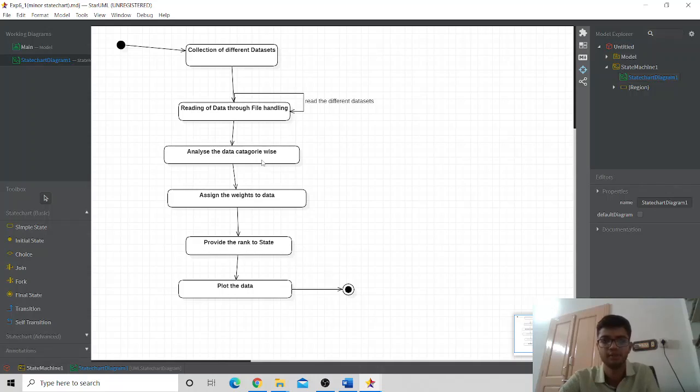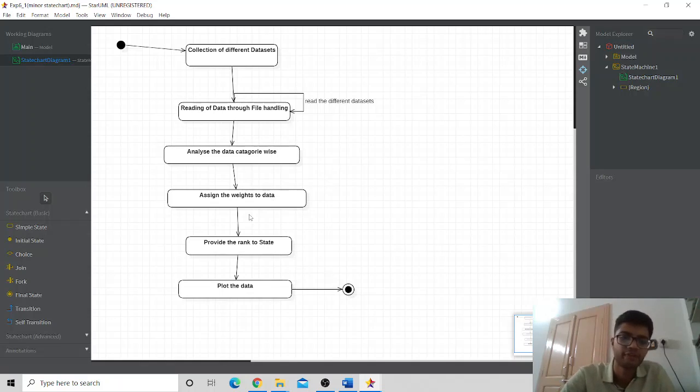Means the corruption category is different, the crime rate category different, the literacy rate category different, and then we assign the weights to that particular data. Okay, there is some algorithm which assigns the weights of each category and each sector.